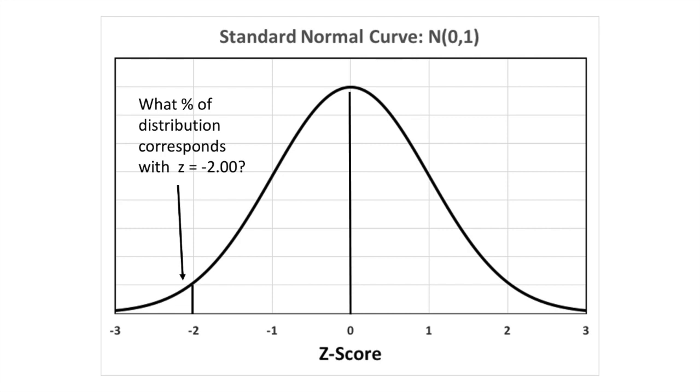The next step is then to find the p-value that corresponds with a z-score of minus 2.0. So here I'm just going to show you a standard normal curve. It's single-peaked, symmetric, and bell-shaped. I've put in a line that corresponds with minus 2. And then, of course, the big question is, what percentage of the distribution corresponds with a z-score of minus 2.0?